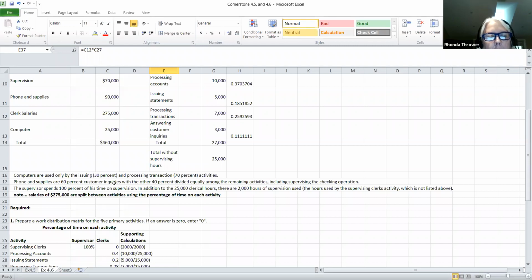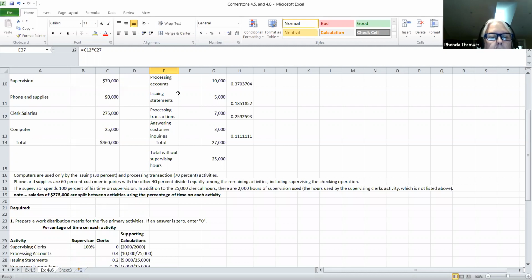That 60% went to customer inquiries of the phone and supplies cost. And the other 40% are going to be divided equally among the remaining activities. So we had other activities other than just answering the customer inquiries.